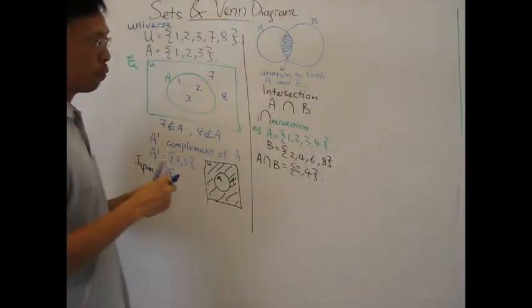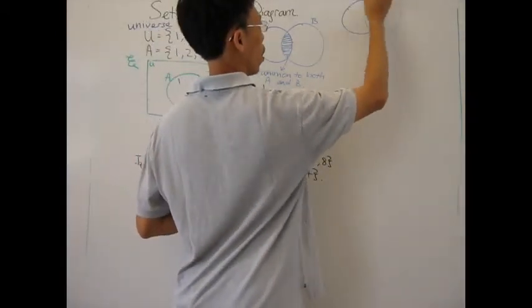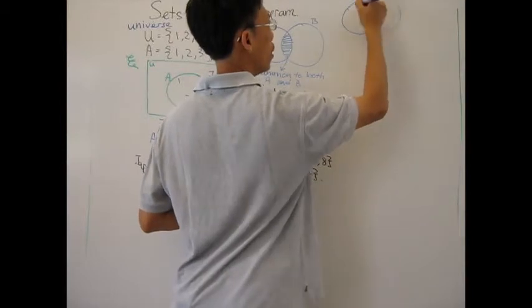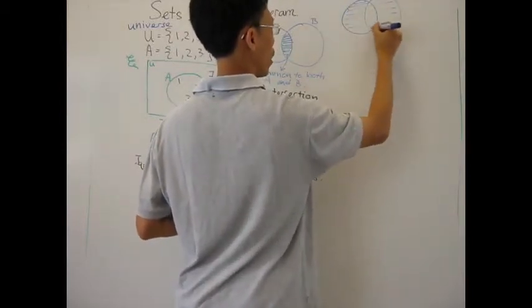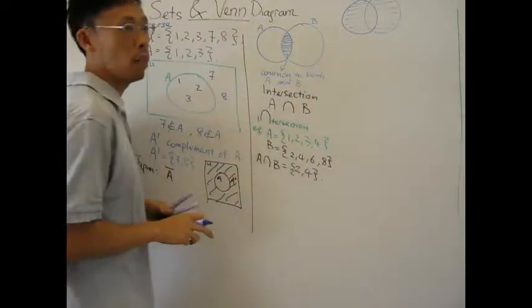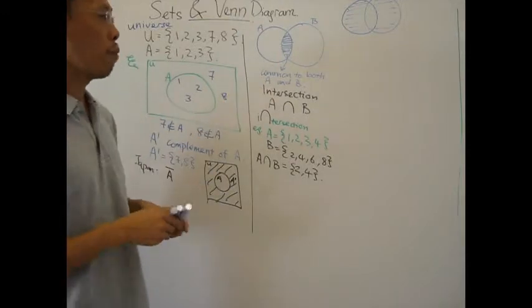A, B. This time we're going to shade everything. So this looks like the symbol for MasterCard, for example. We shade everything.